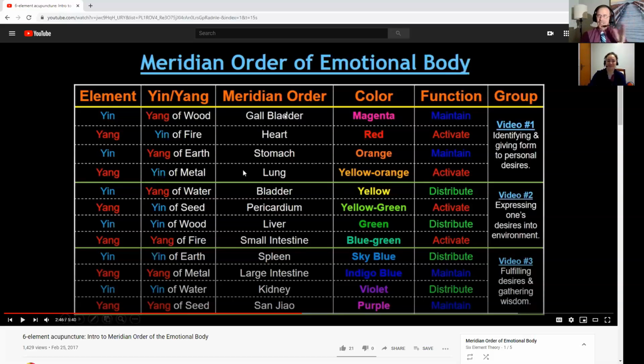Okay, so small intestine, focus. Let's get to work. Then comes spleen. And spleen is Virgo, the planet Chiron. It begins to learn all of the little details of the job. Okay, what do I need to do?